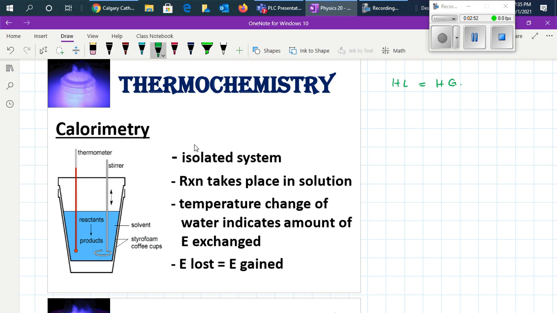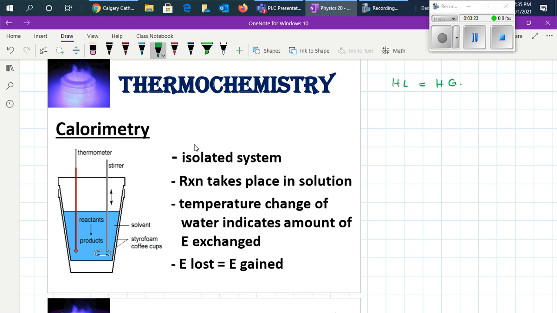There are two holes, one for the stirrer and one for the thermometer, in which we measure the initial temperature of water and the final temperature of water after the reaction is happening, because in the double styrofoam cup, in the inside one, we put the reactants, and therefore the products are formed.